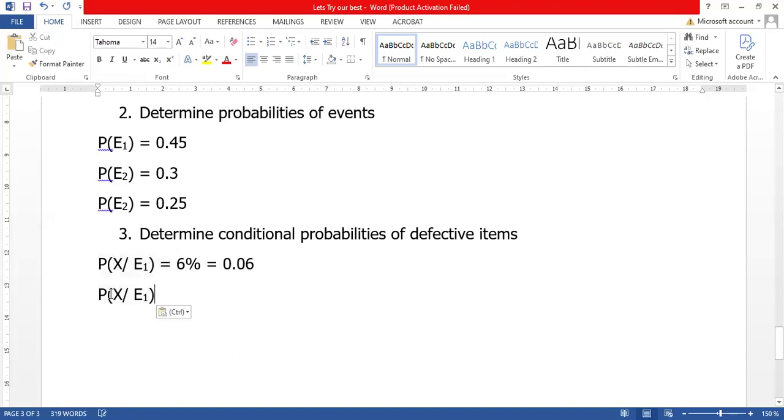Then next, a defective item given that it was produced by operator B. What is that percentage?